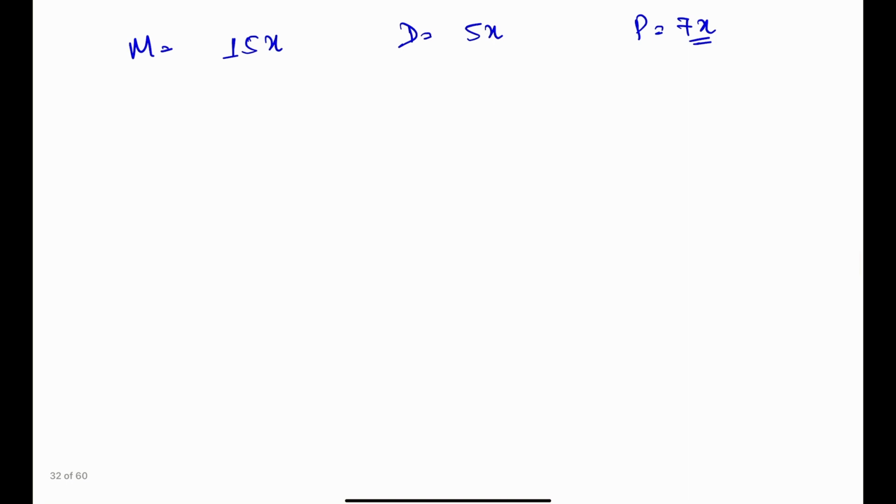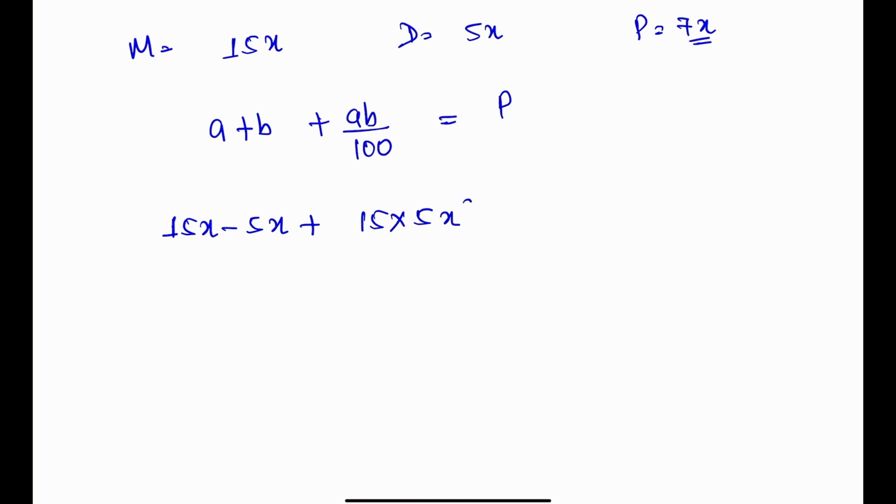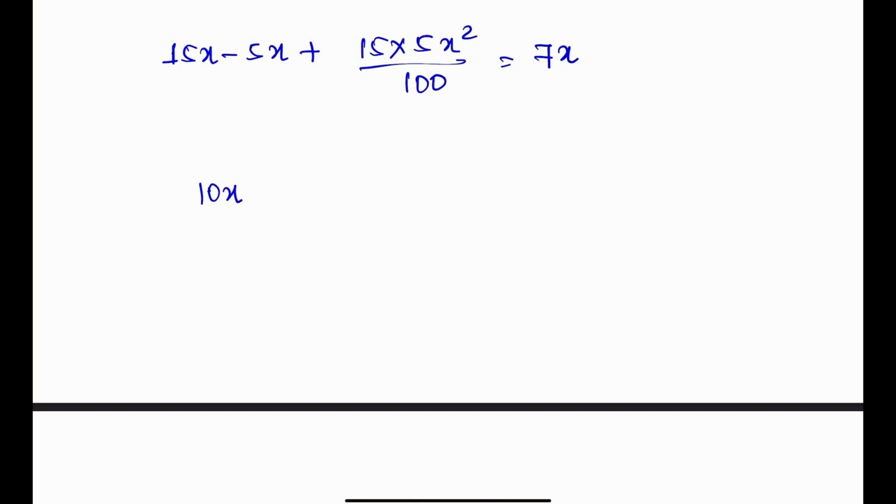So all I need to do is find the value of x. It will be a plus b plus ab by 100 equal to my profit. So markup is plus, 15x minus discount 5x plus 15 into 5 x square upon 100 equal to 7x. It will be minus on itself now, because it's a discount. 75 x square upon 100 equal to 7x.